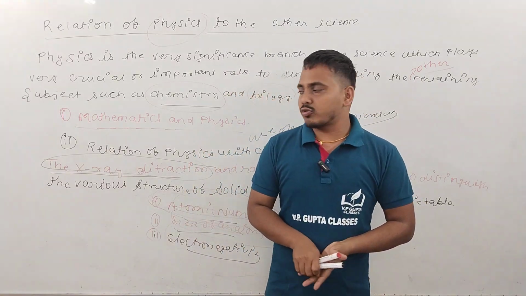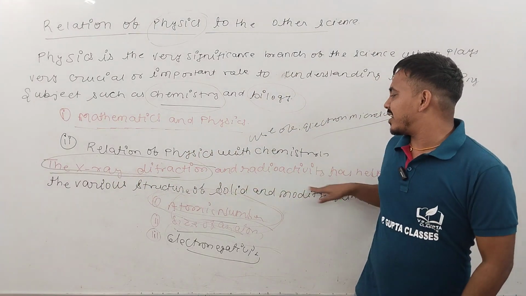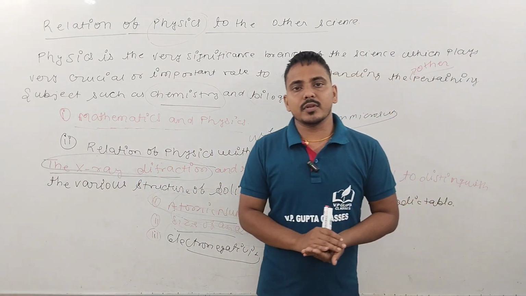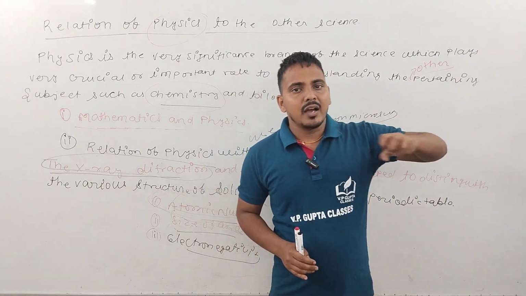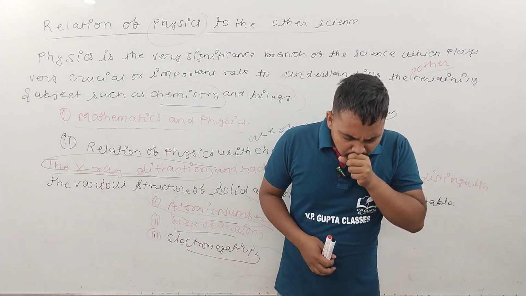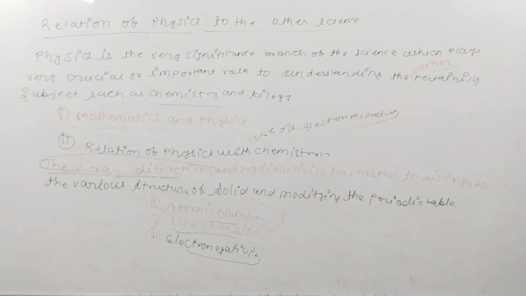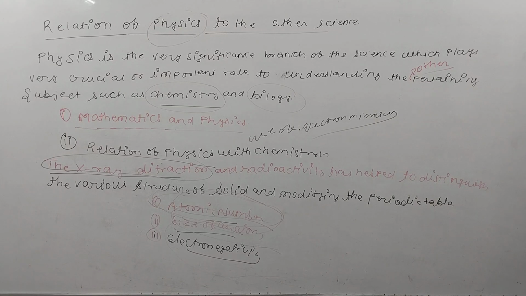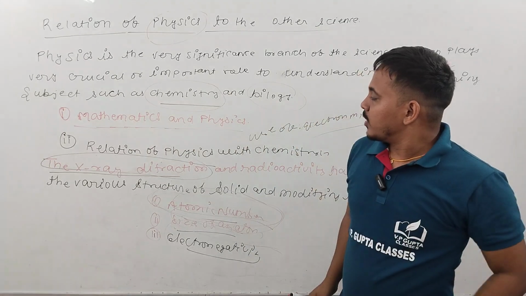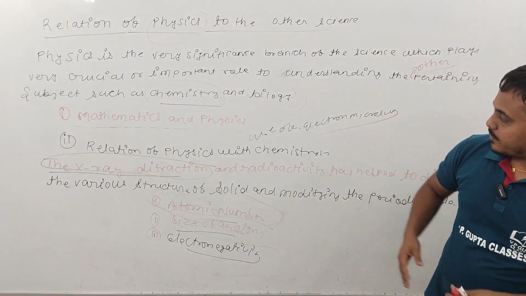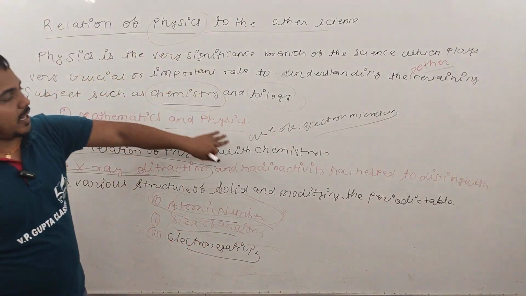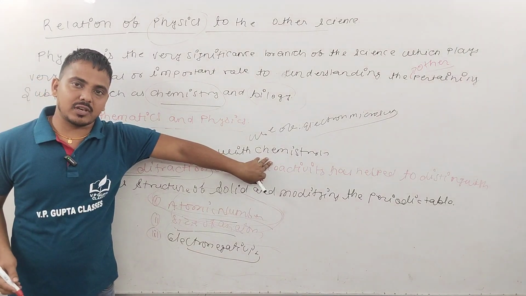The electron microscope, X-ray diffraction and radioactivity help to modify the arrangement in the periodic table. So we can say physics plays a very important role in the study of chemistry.